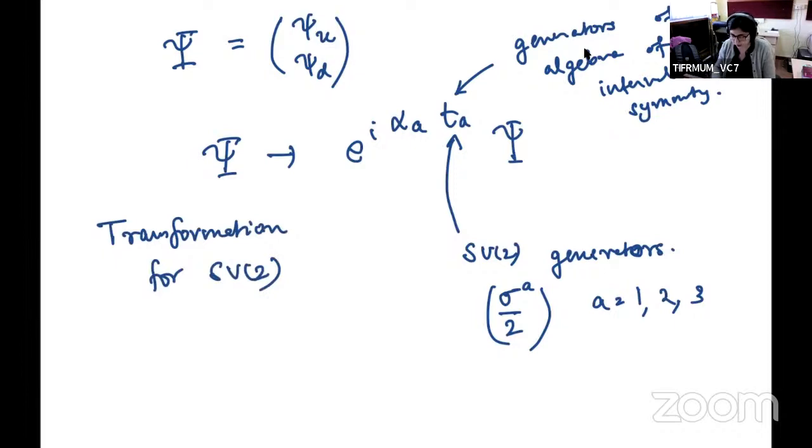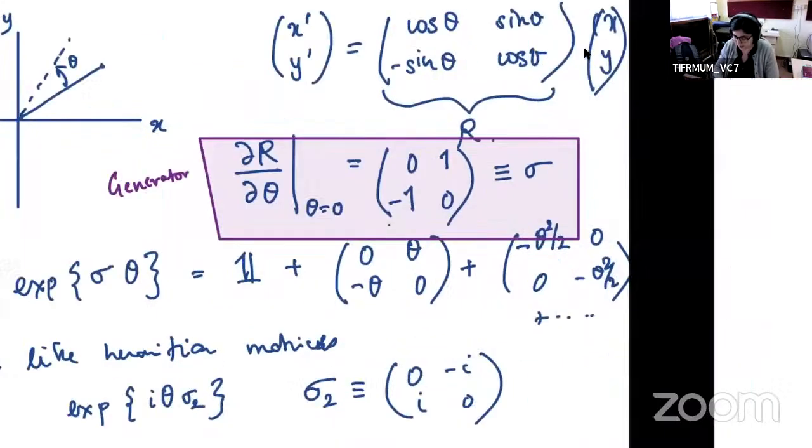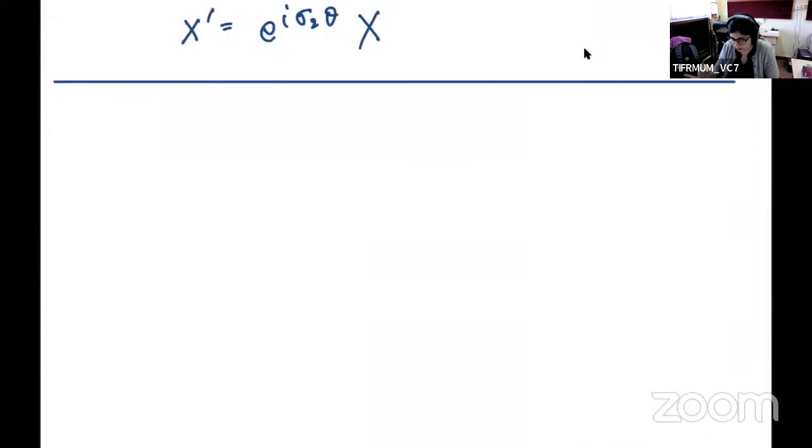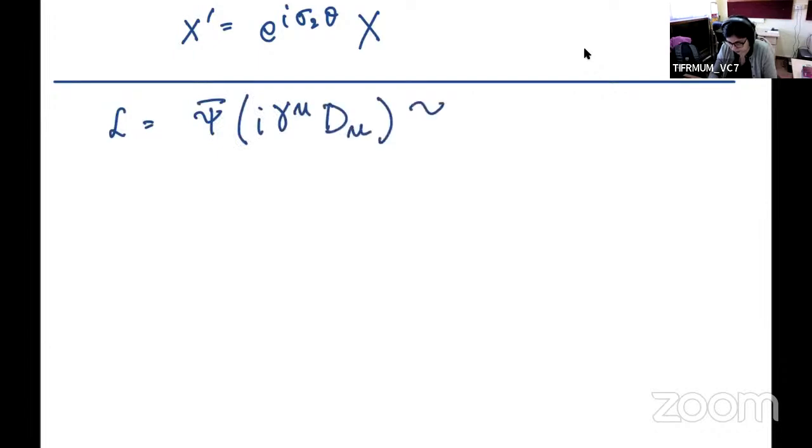Okay, so let's write it back into our Dirac equation. Okay. So you had L, psi bar, del, psi. So that's psi bar, minus.